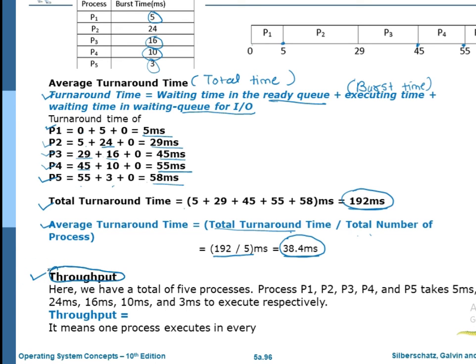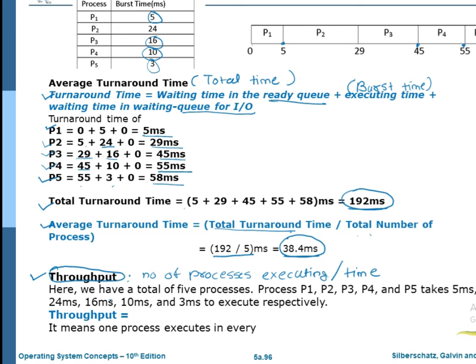Then next we have to find out throughput. So what is meant by throughput? Throughput means number of processes executing per unit time, or execution time of number of processes per unit time.